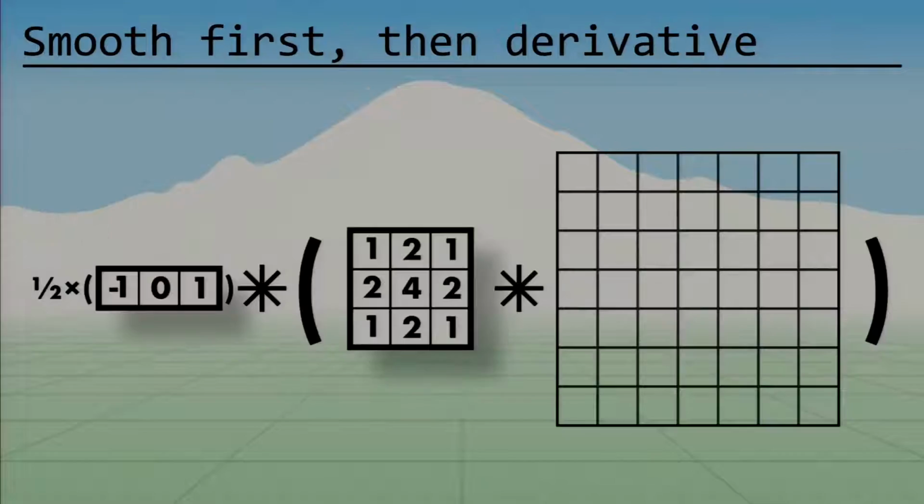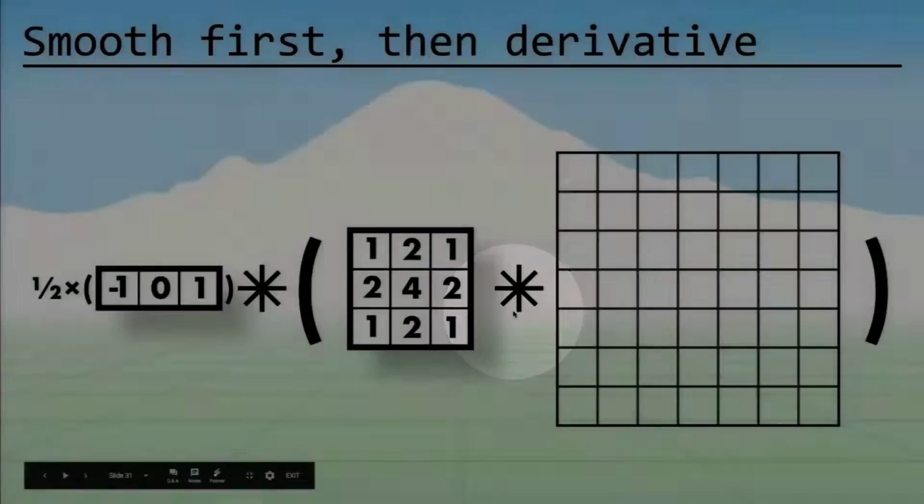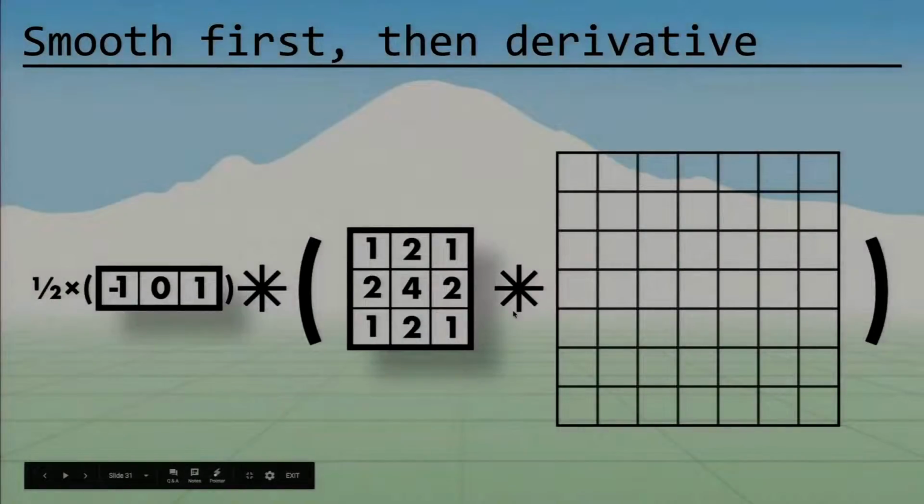I think I have this slide in there twice. So what we want to do is smooth our image first, and then take the derivative of it. We talked about Gaussian smoothing last time, and in practice, this is a pretty decent estimate for a little 3x3 Gaussian filter.